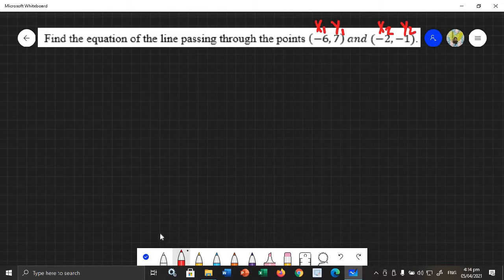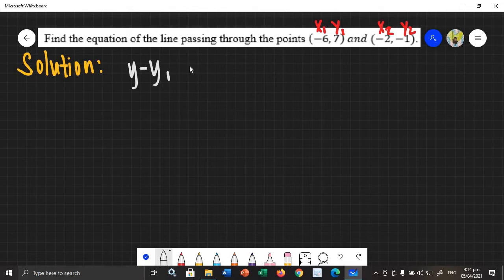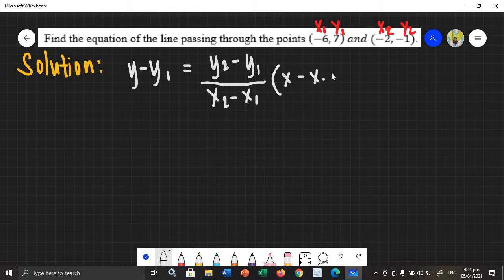And then, now that we assign them, we can now use the two-point form to find the equation of the line. So, this will now be our solution. Using the two-point form, which is y minus y sub 1 is equal to y sub 2 minus y sub 1 over x sub 2 minus x sub 1 times quantity x minus x sub 1.